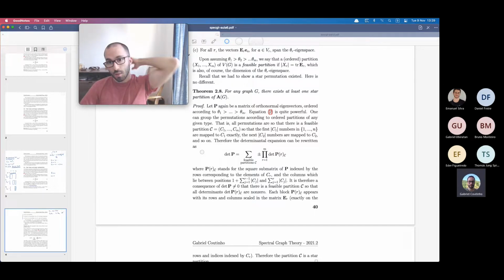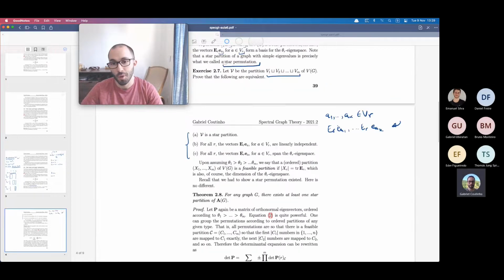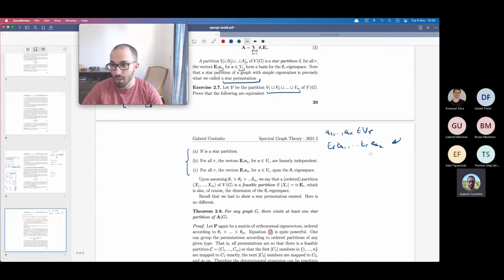Upon assuming that you have your eigenvalues, they've been ordered from largest to smallest, we say that any partition of the vertex set is a feasible partition if at least this partition has the right size. So in order for these things to form a basis for the theta r eigenspace, it must be that I have the right number, and the right number is the dimension of the theta r eigenspace.